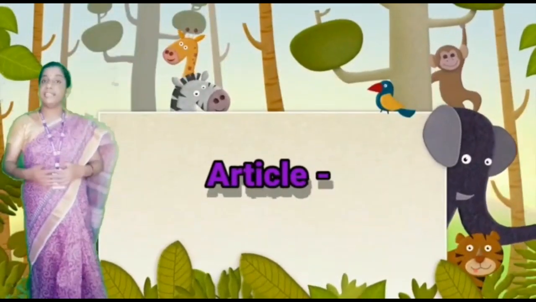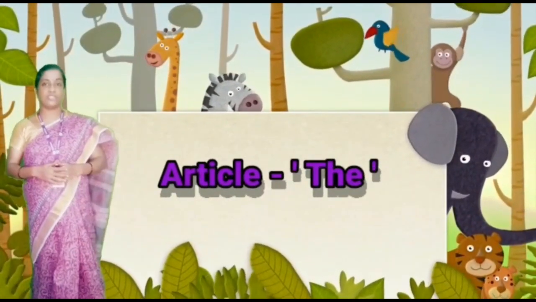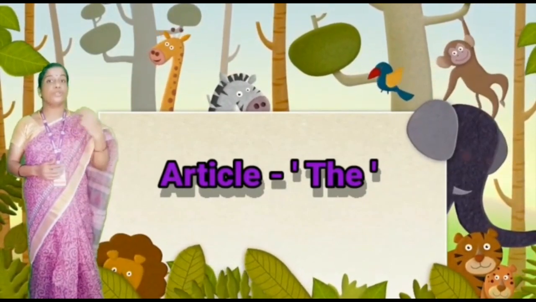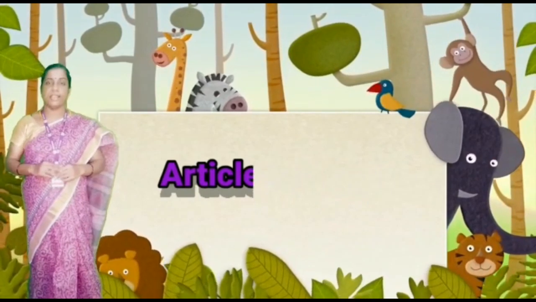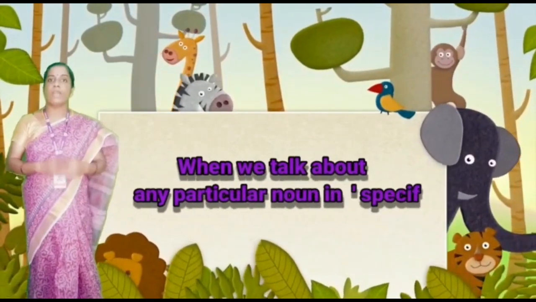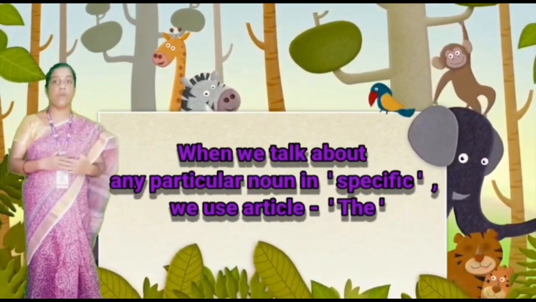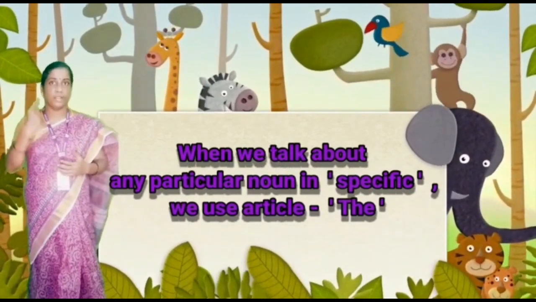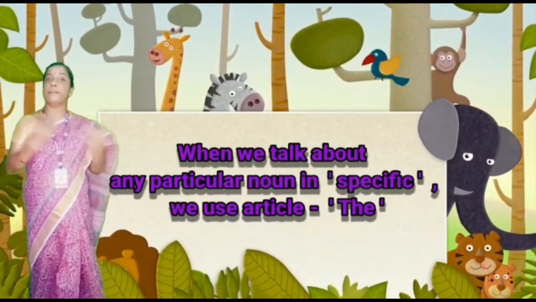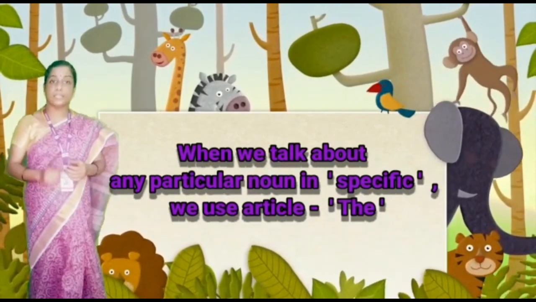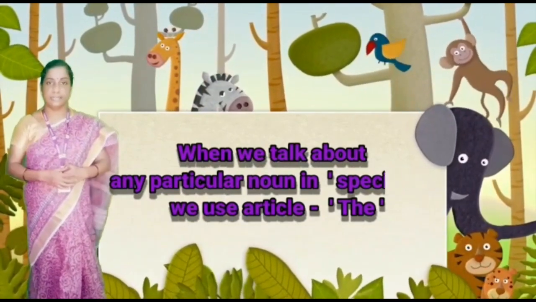And now let us learn the article the and its use in a sentence, children. To use the article the, we have two rules. Rule number one is whenever we talk about any particular noun in specific, we have to place the article the.